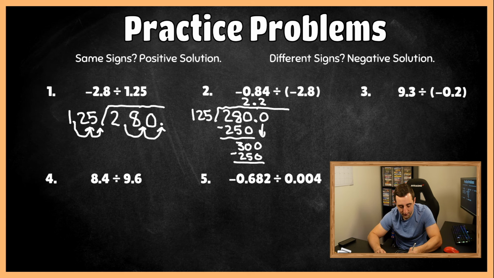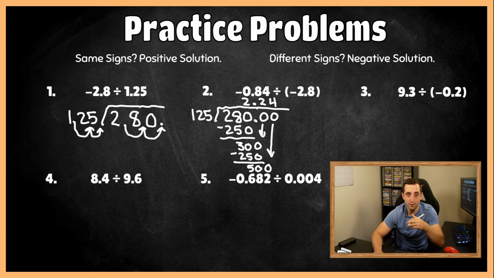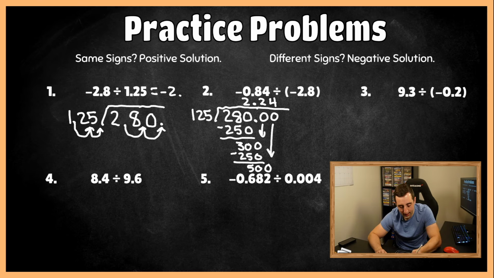We get a remainder of 50. 125 doesn't fit into 50, so add an additional 0 and bring that down. And then 125 fits into 500 4 times perfectly, and if we were to subtract that, we would get a remainder of 0. So our final answer is going to be negative 2 and 24 hundredths for number 1. So hopefully you're 1 for 1 right now.